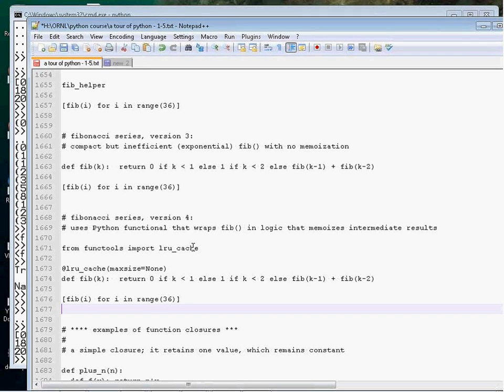You can actually write your own decorators, and if you're interested in this sort of black magic, the Seal book has a nice breakdown. I think the Lutz book probably has a nice breakdown of exactly what's going on with decorators.